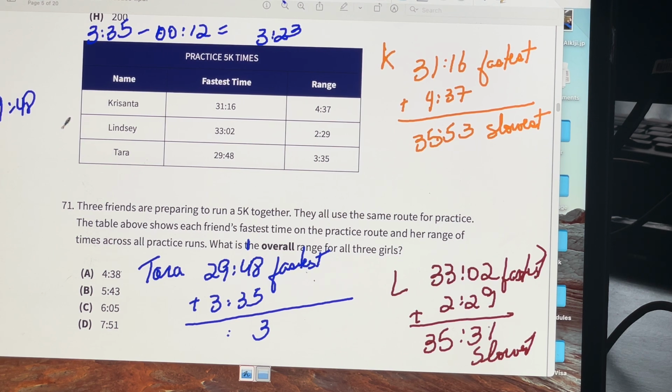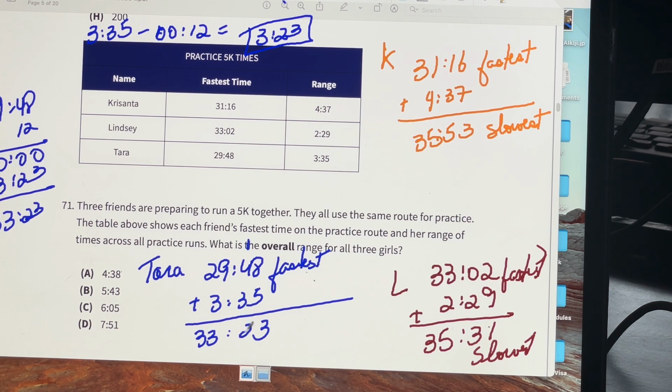So subtracting 12 seconds and adding it over here, that's a 0, that's a 0, and now it's 30 minutes, right? Now to that, I'm gonna add 3 minutes and 23 seconds. And her slowest time was 33 minutes and 23 seconds.